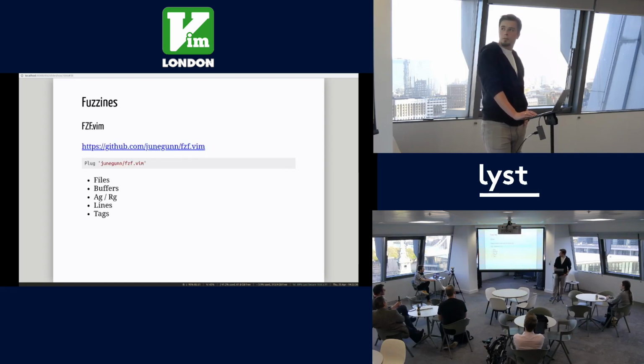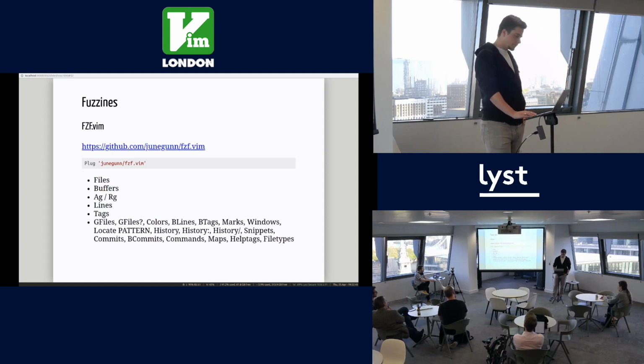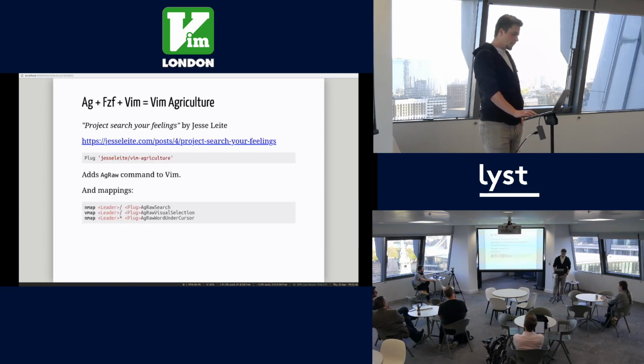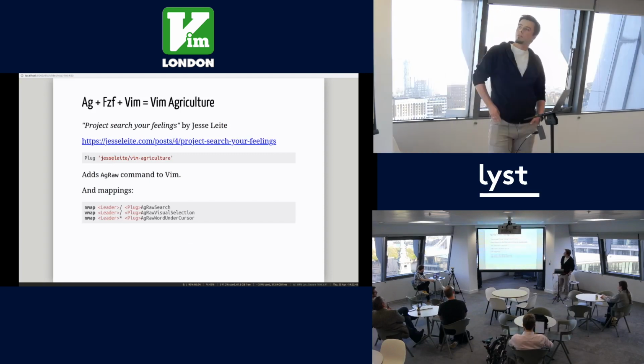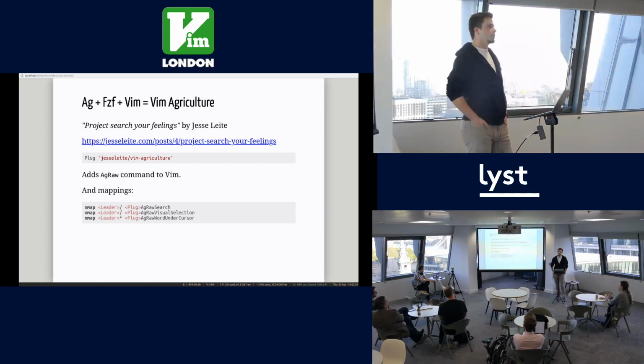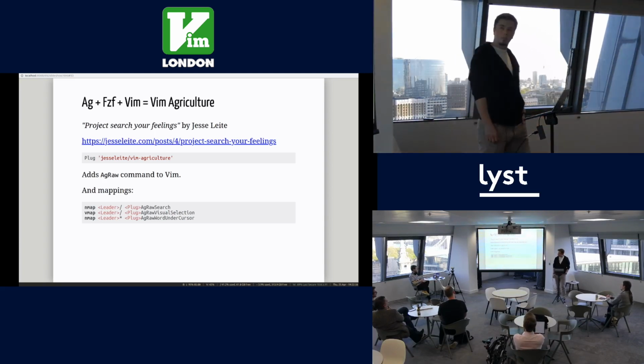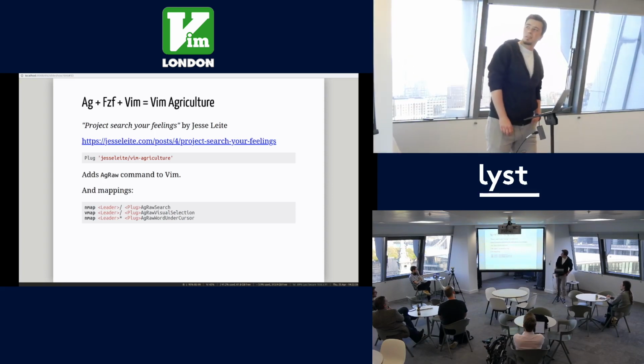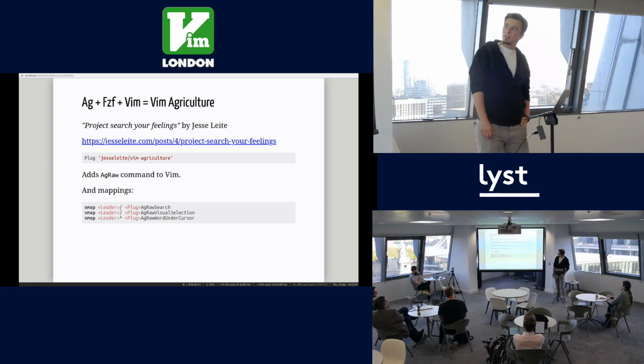FZF by default has Vim support, maintained by the creator of FZF, which allows you to fuzzy search inside Vim for files, buffers, using AG or RG, lines or tags, and many more. So AG for searching, FZF for fuzzy filtering, and Vim together give Vim agriculture. There is a guy called, I think you should pronounce that Jesse Leite.